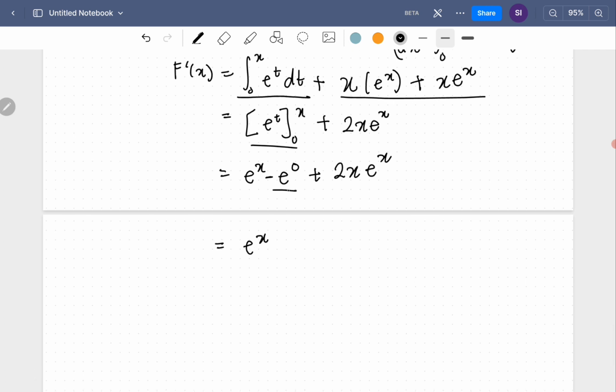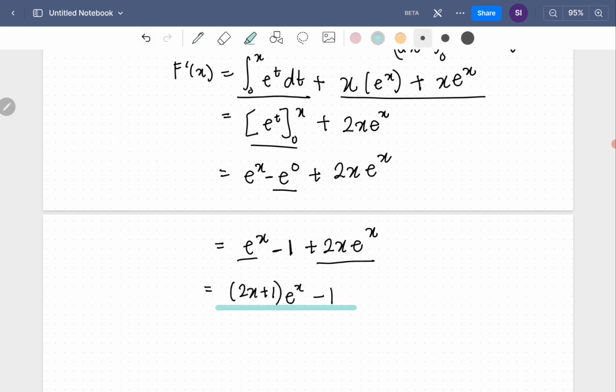We know e to the power of 0 is 1, so we get minus 1 plus 2x e to the power of x. Just to simplify, let's take this e to the power of x out, so we get (2x plus 1) times e to the power of x minus 1. And that is our final answer.